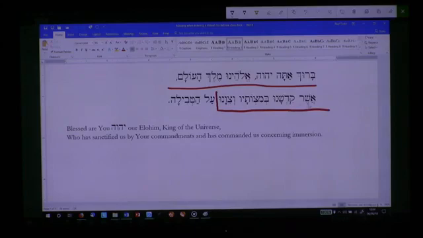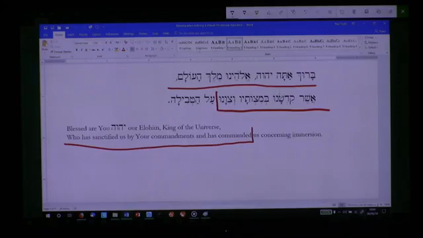Asher kidshanu b'mitzvotav v'tzivanu. Now, he has sanctified us.